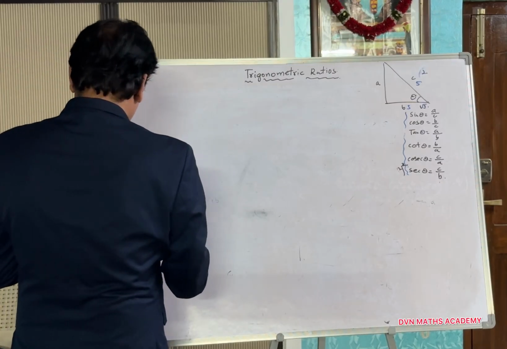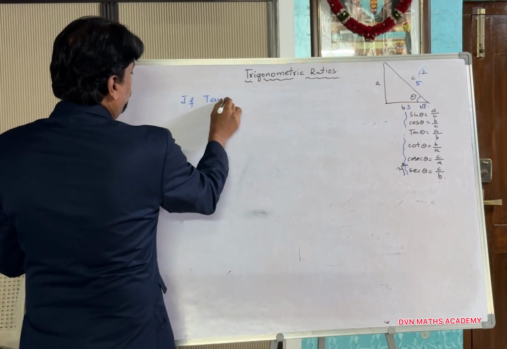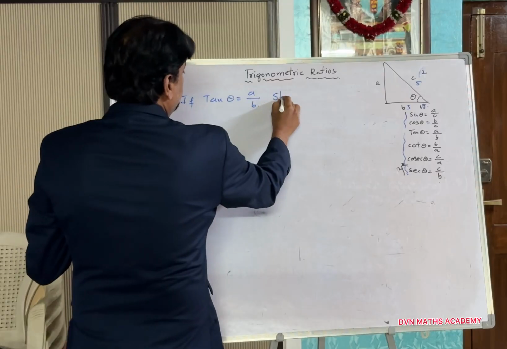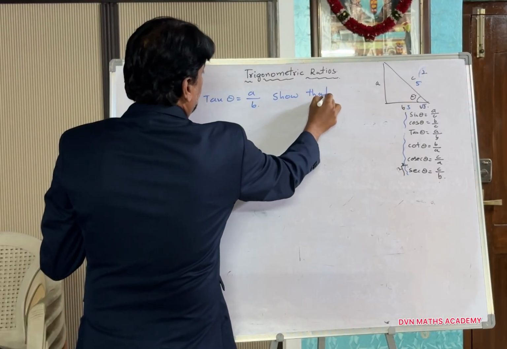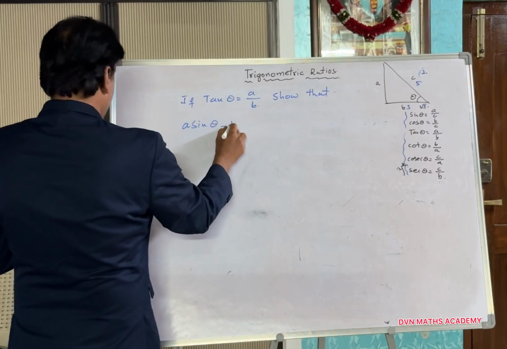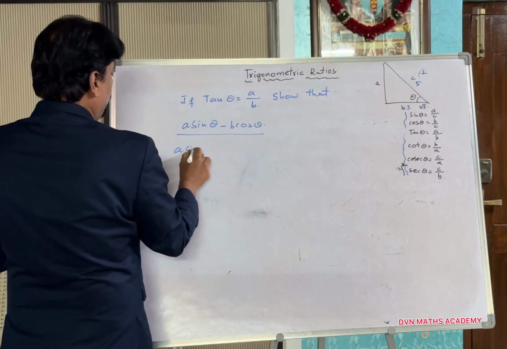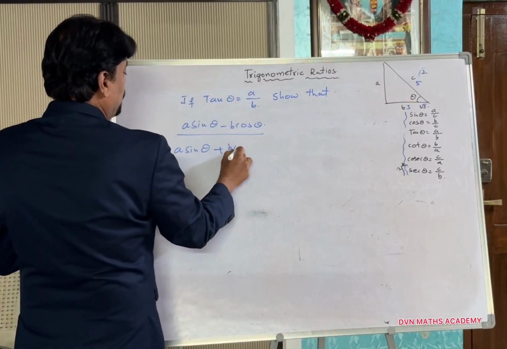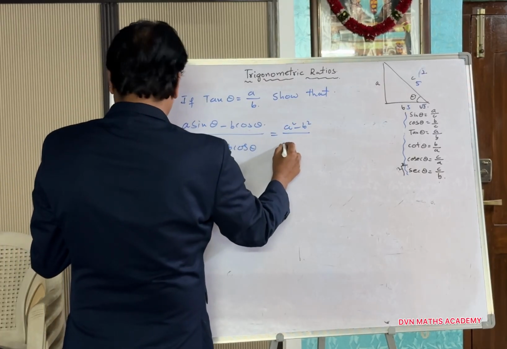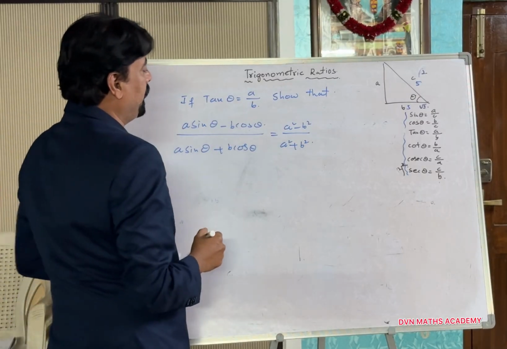The question is: if tan theta is equal to a by b, show that (a sin theta minus b cos theta) by (a sin theta plus b cos theta) is equal to (a square minus b square) by (a square plus b square). This is one of the important questions in trigonometric ratios.